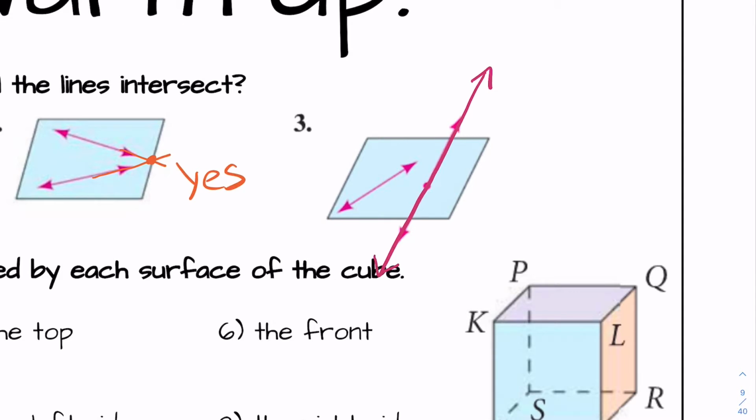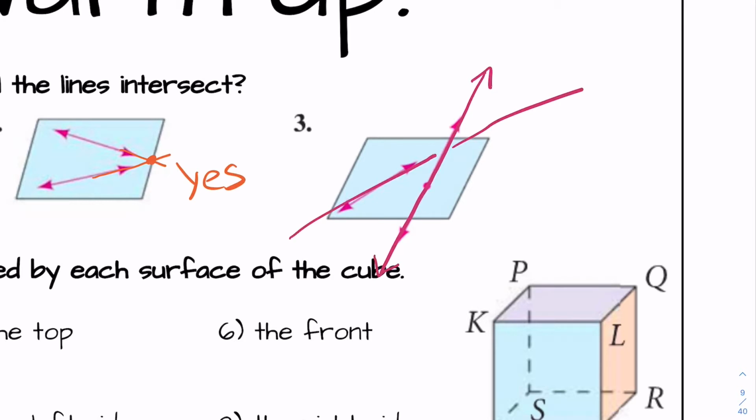So these will actually not intersect because there is a depth to them. It's hard to see by appearance, but that is kind of what's happening for this one.